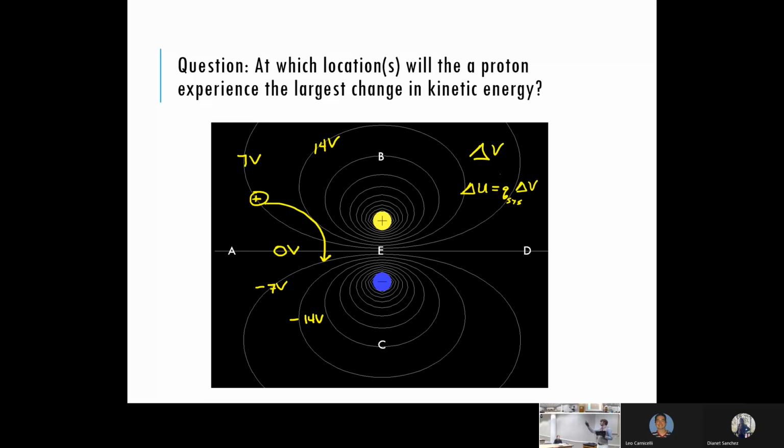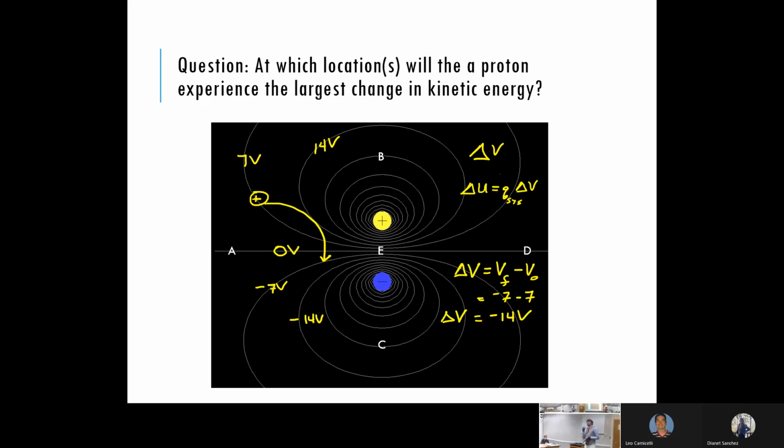So the change in electric potential was 14 volts. Right, if I want to find the change in electric potential, delta V, I should do my final minus my initial. My final is -7, and my initial was 7. So my change in electric potential is -14 volts.